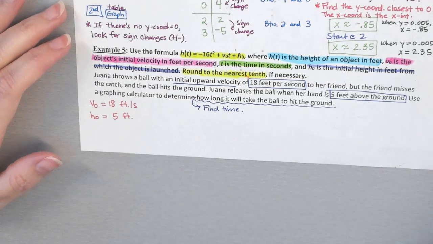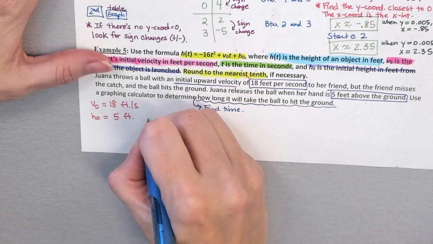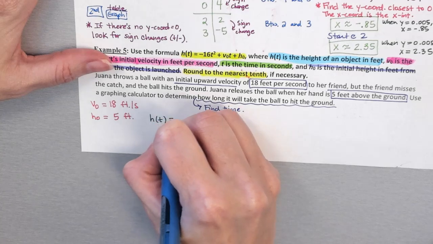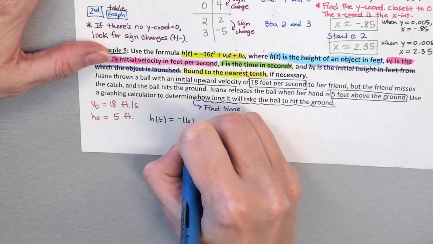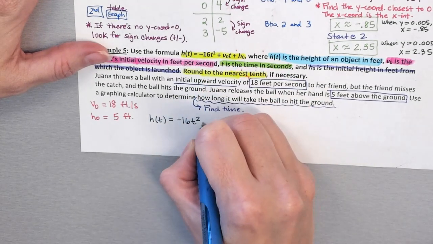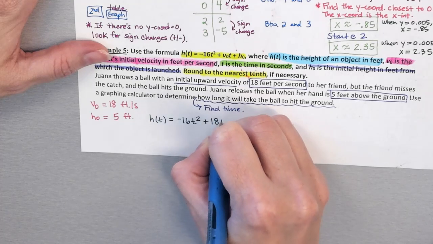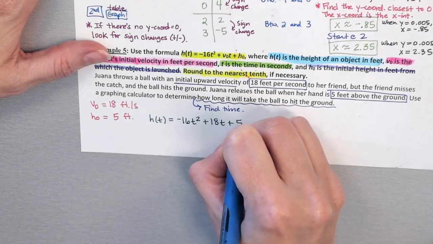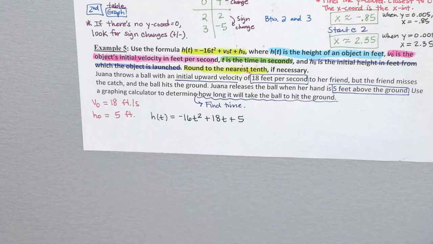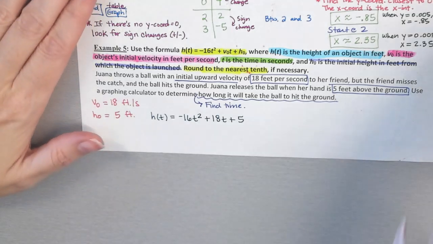So now we can plug that into our equation. So we have h of t equals negative 16 t squared. Instead of v sub 0, we'll plug in 18. Instead of h sub 0, we'll plug in 5. And then we're going to use the graphing feature to find the x-intercept.